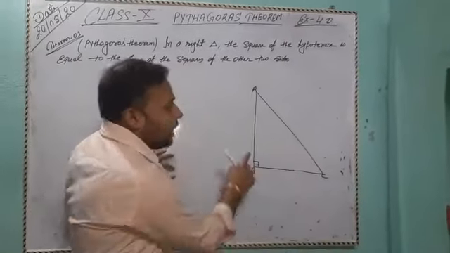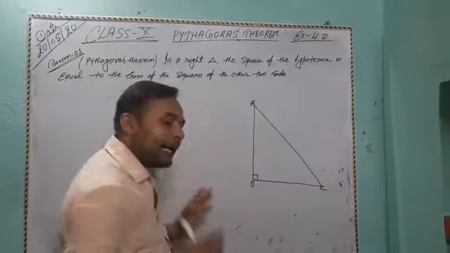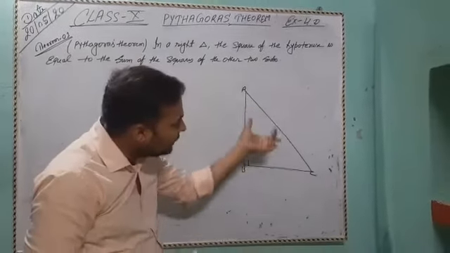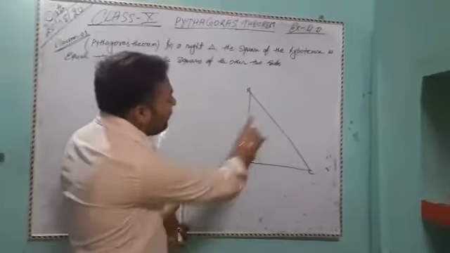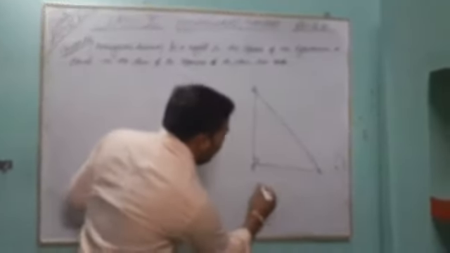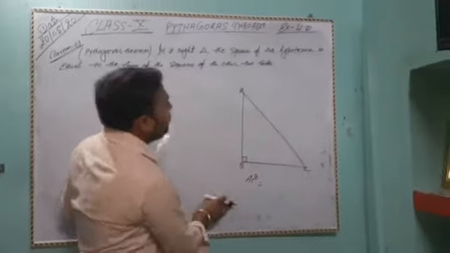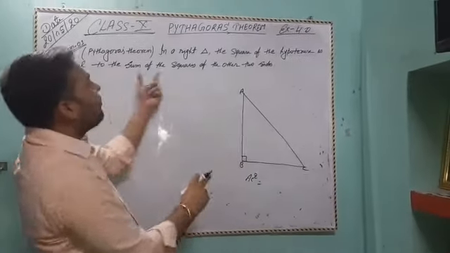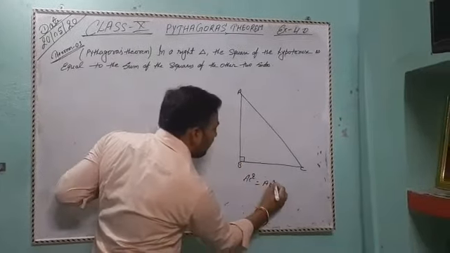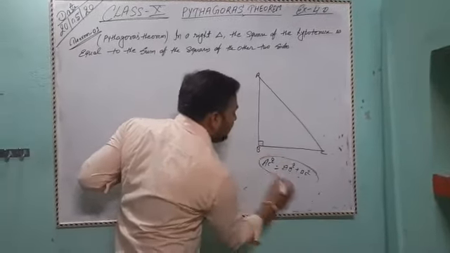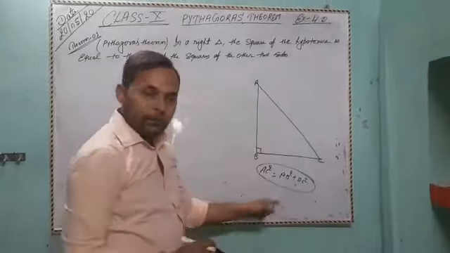The side opposite the 90 degree angle is called the hypotenuse. So the square of the hypotenuse, AC square, is equal to the sum of the squares of the other two sides, AB square plus BC square. Prove it.